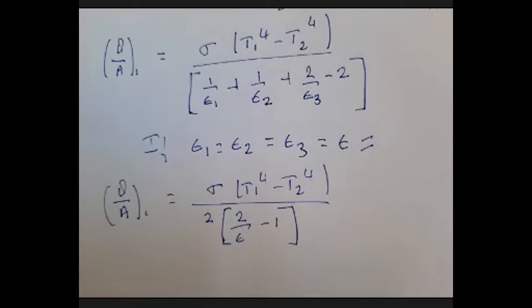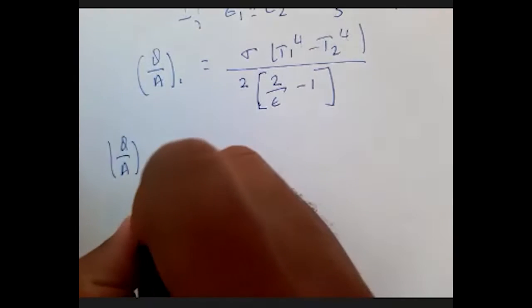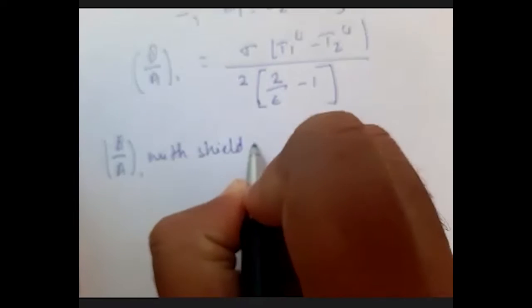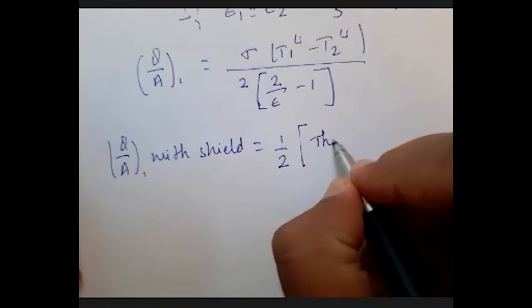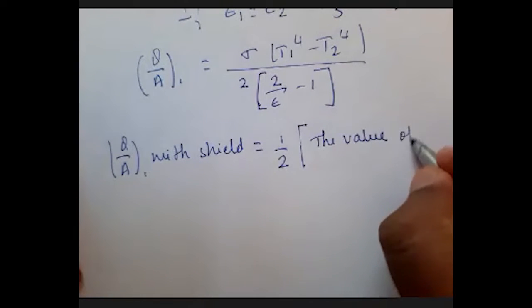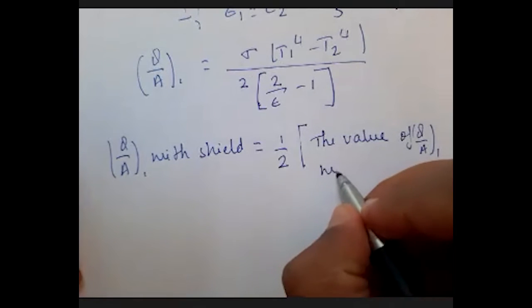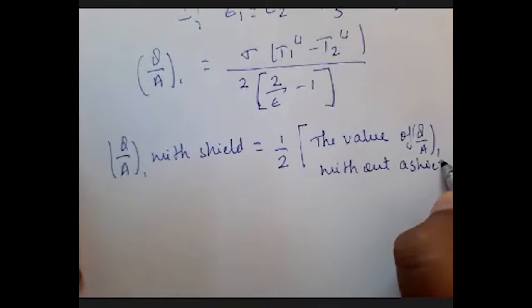That is, with one shield, Q by A with shield is equal to exactly half the value of Q by A without a shield.